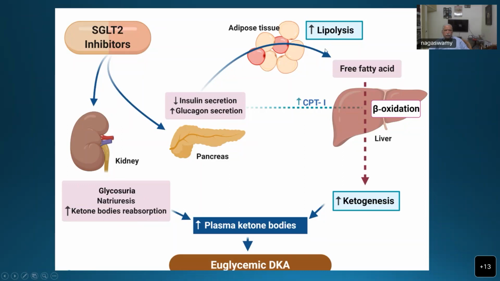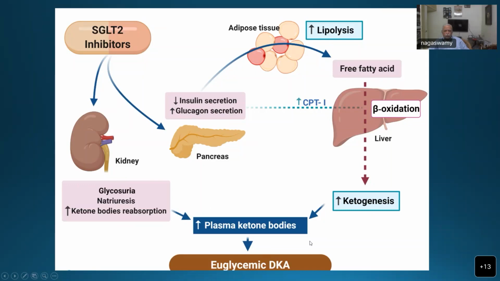And secondly, because there is a reduction in the blood glucose by not allowing reabsorption of glucose, insulin secretion starts reducing and glucagon production increases to restore the blood glucose level. This will result in lipolysis and free fatty acids, and the same beta oxidation process which happens in excessive glucose also happens, and that also results in ketogenesis.